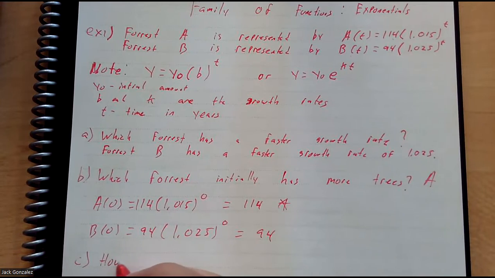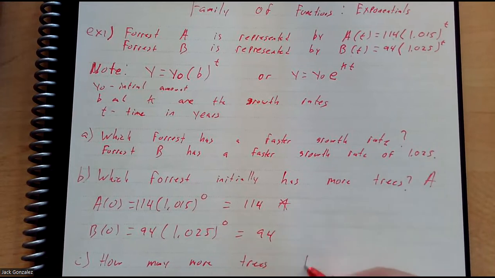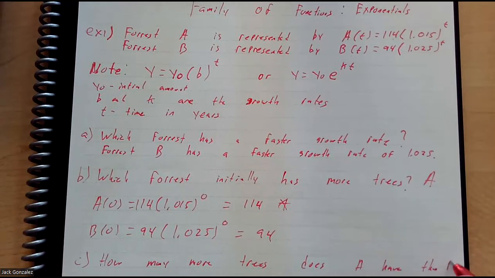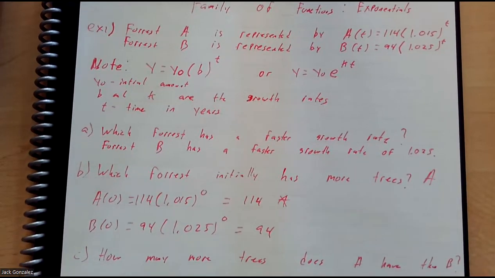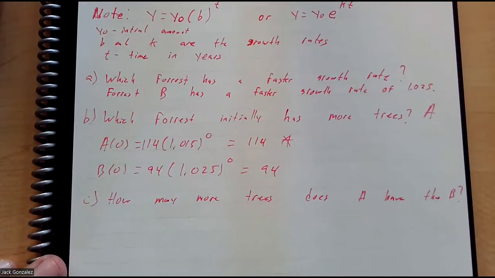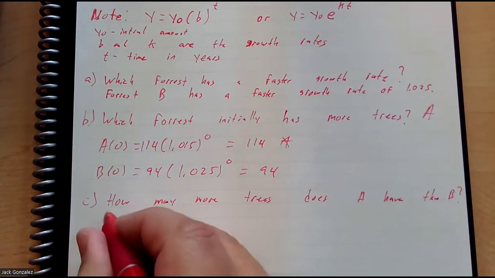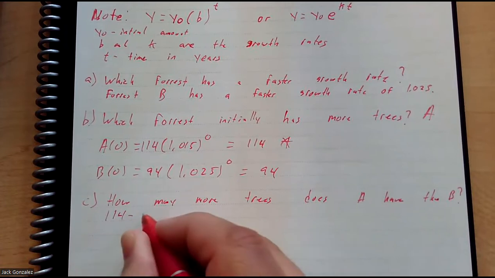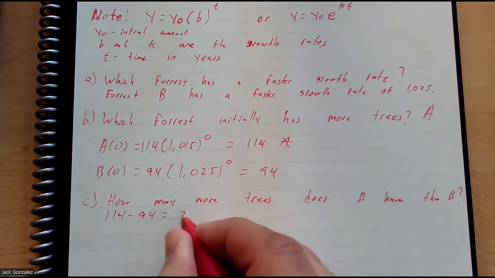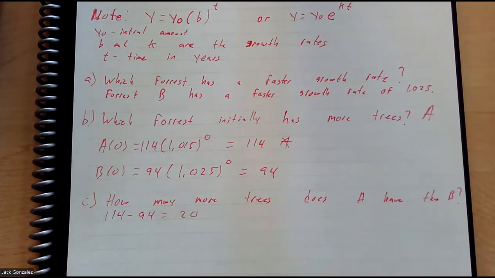C, how many more trees does A have than B? That's not too bad, right? I think it's 20.